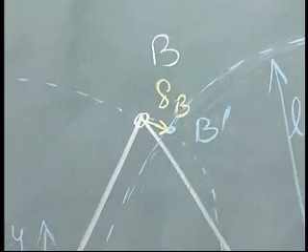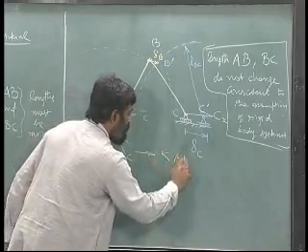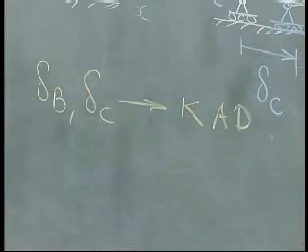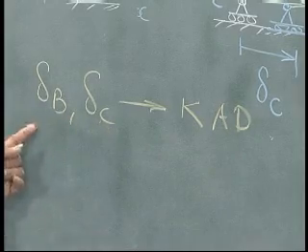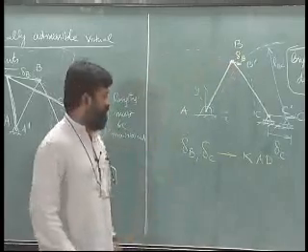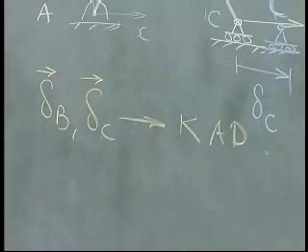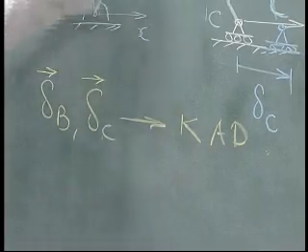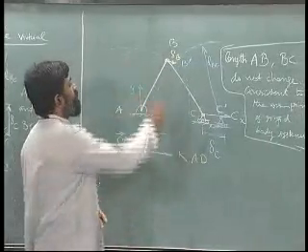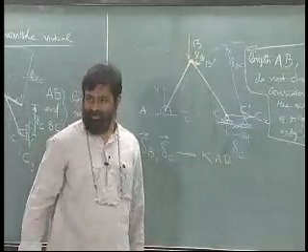Okay. What do I know? Delta B and delta C are kinematically admissible displacements. If I apply a delta C, I should get the delta B as denoted here. It is better to denote them as vectors, so that you are clear about the direction, and if I have a force acting on it, I will take the appropriate dot product of it.